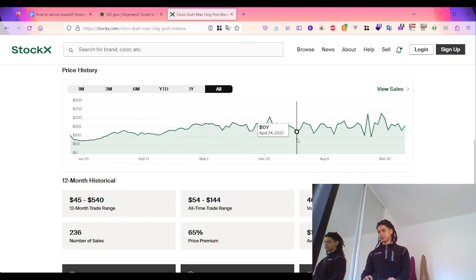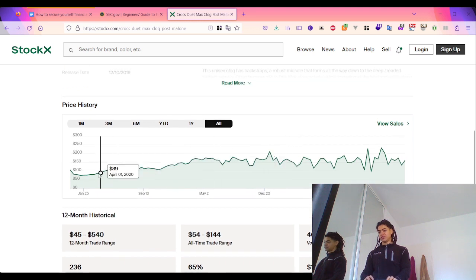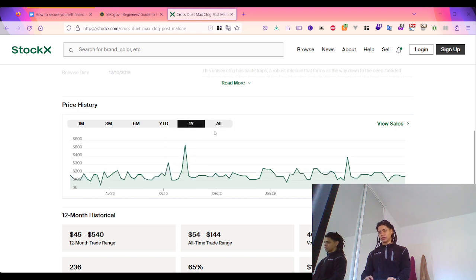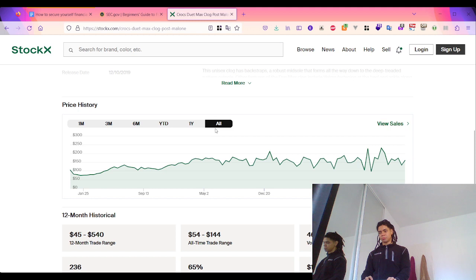So the price, and also you can see the price history from 1 year. Holy hell! Is this for real? So it started at $80 and then skyrocketed, due to inflation, I think.